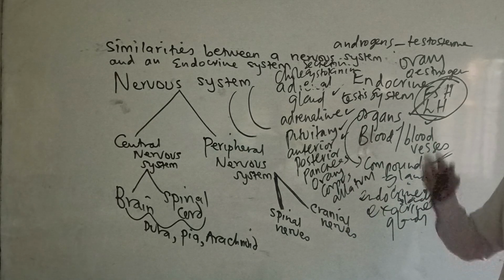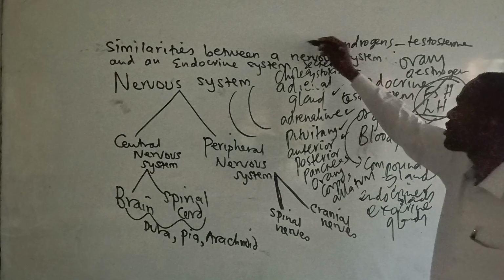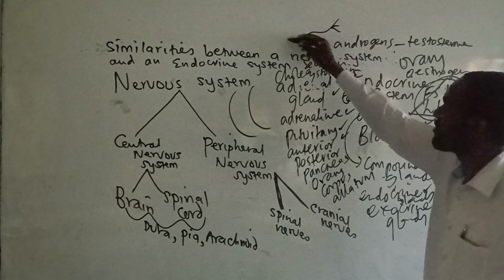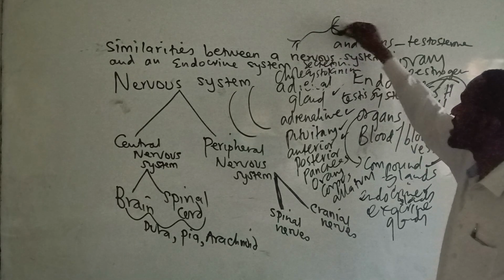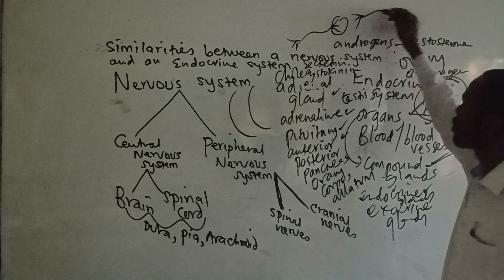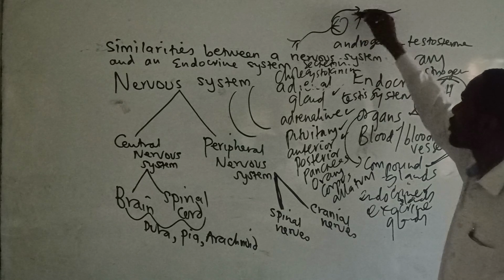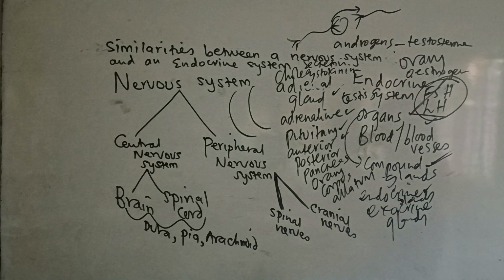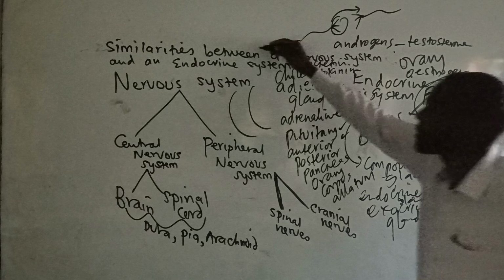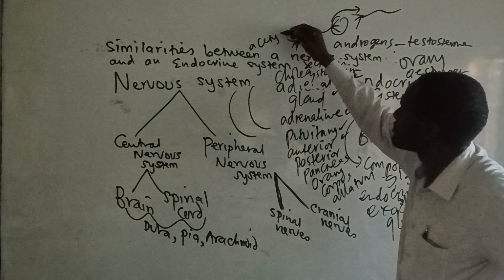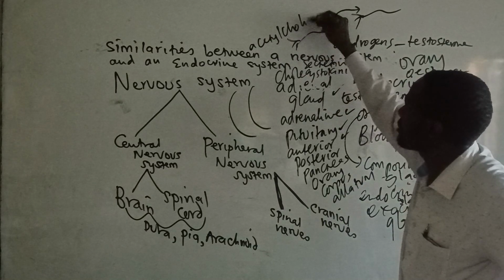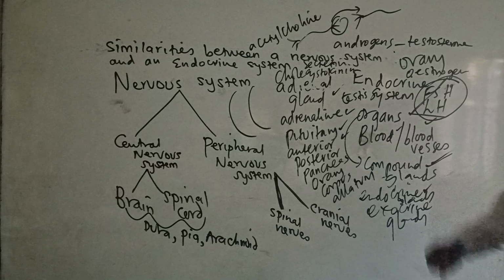For example, as far as the nerves are concerned, the nerves have entities called dendrites, and between them there is transmission of a chemical called acetylcholine. Acetylcholine is a chemical that facilitates nerve impulse transmission.